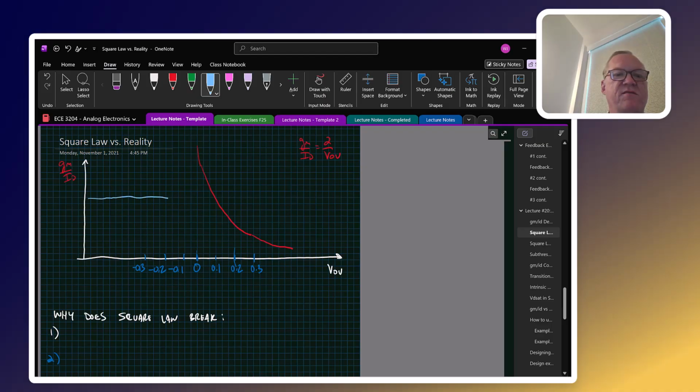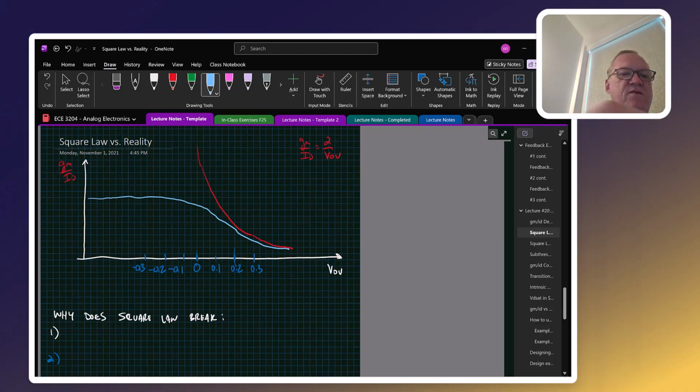And in reality, our device behaves something more like this. And this regime where VOV is less than 0 is called subthreshold. And we can also say here that the transistor is weakly inverted, so we call this weak inversion.